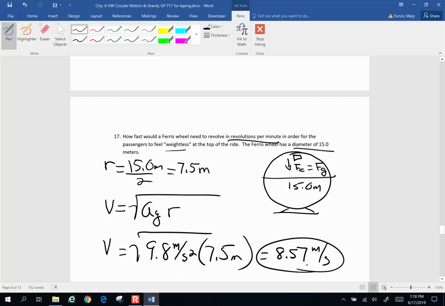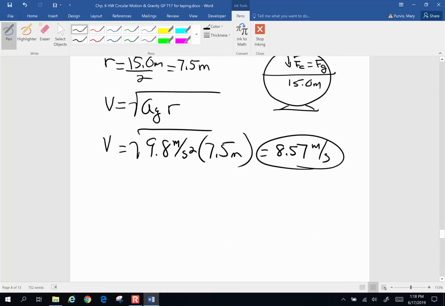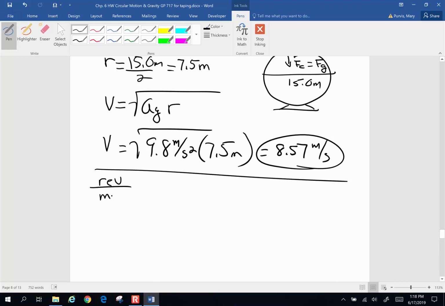Now, that's meters per second, but we want to know revolutions per minute. This gets a little bit tricky. There's a couple different ways to do it. In one of the previous problems I did it one way. This time I'm going to do it a little bit different because we want to convert to revolutions per minute.